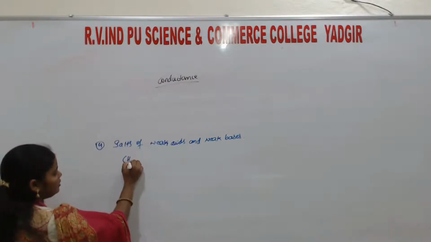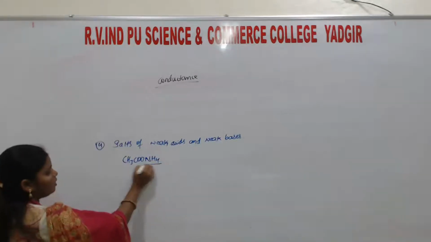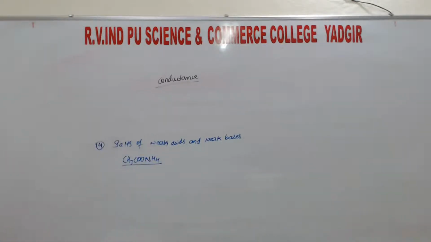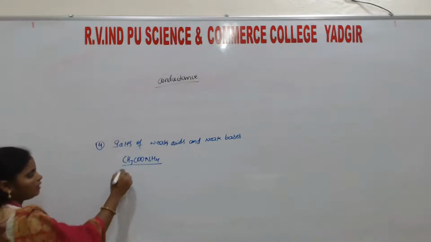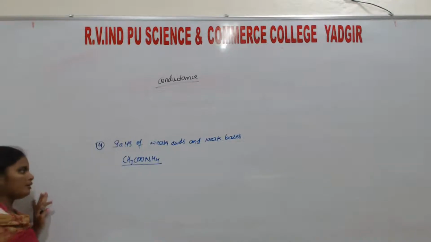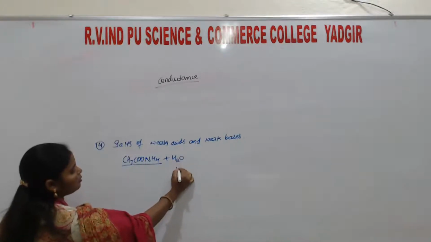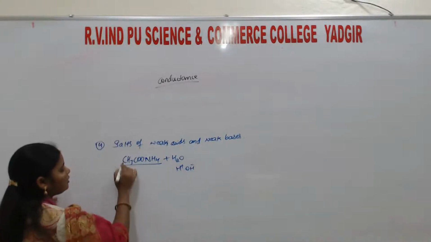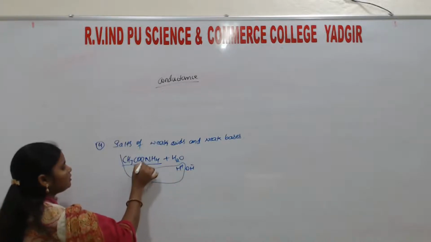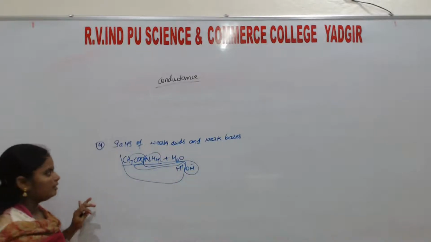Example CH3COONH4. Here hydrolysis takes place, CH3COONH4, and the formation is acetic acid and ammonium hydroxide. CH3COONH4 plus H2O, that is H plus OH minus, and here you get acetic acid and the alkali.